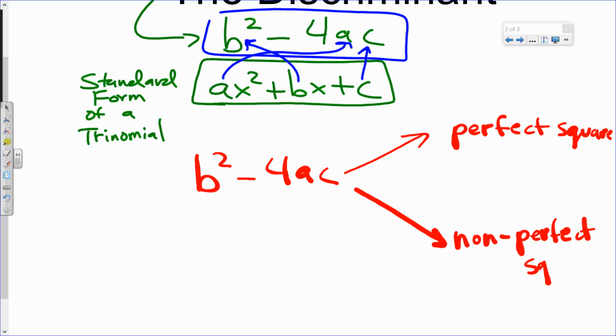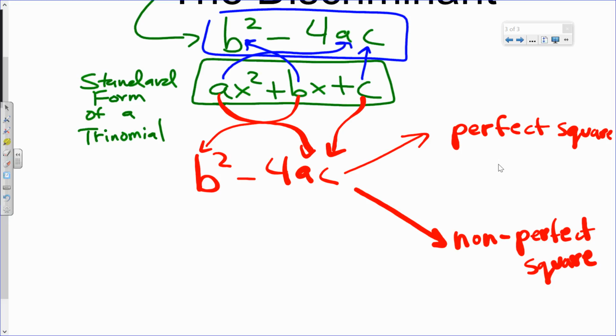Now, when I say perfect square, you should remember what a perfect square is and a non-perfect square because we did the Pythagorean theorem about a month or two ago. So if I substitute A with A and then C with C and then B with B here, and if it becomes a perfect square, what is a perfect square?